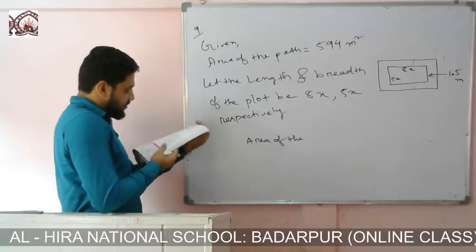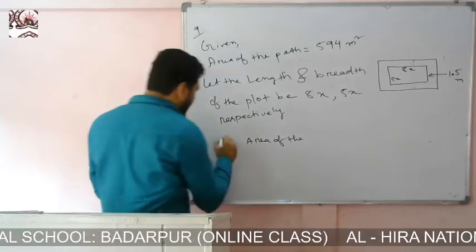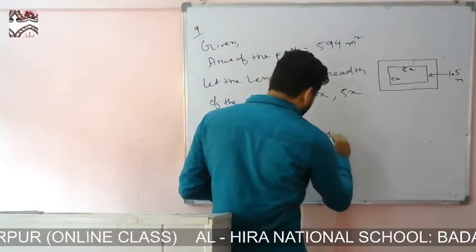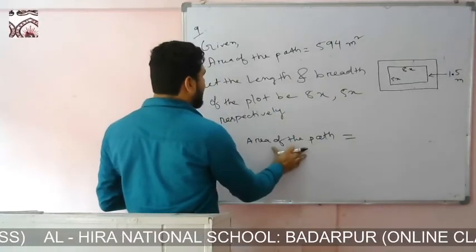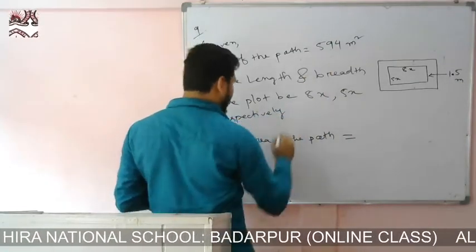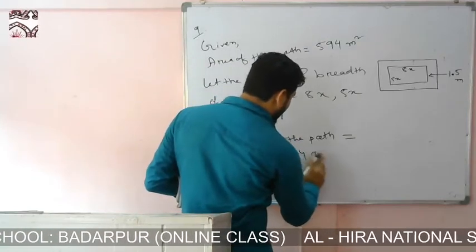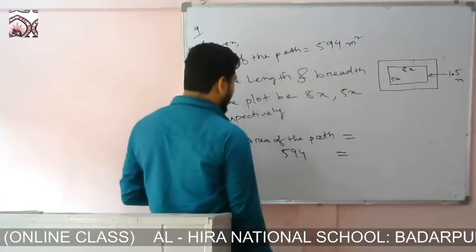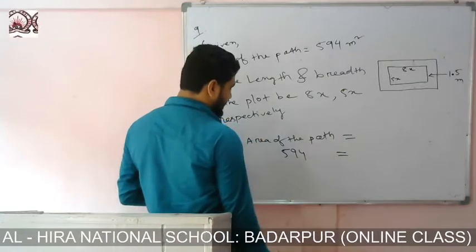Okay, so therefore write area of the path equals to what? Here you see area of the path. In place of area of the path, I can write what? 594 meter square. Don't write here unit, 594. Okay, and here what? Length. So I can write this one what?